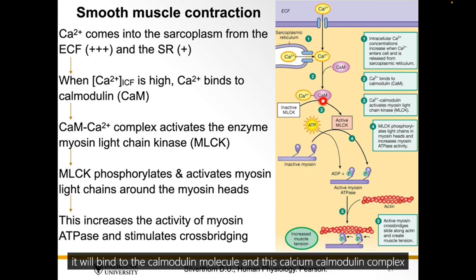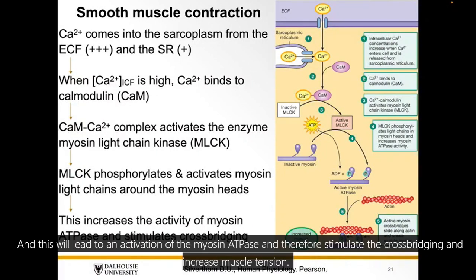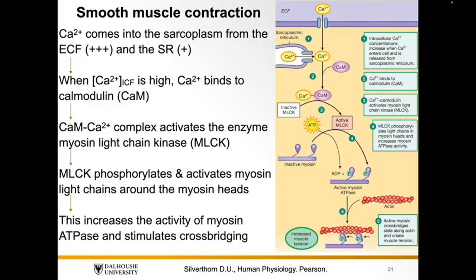And this calcium-calmodulin complex turns an inactive myosin light chain kinase into an active myosin light chain kinase. A kinase always adds a phosphate group, so it will phosphorylate the light chains around the neck of the myosin molecule. And this will lead to activation of the myosin ATPase and therefore stimulate the cross-bridging and increase muscle tension.